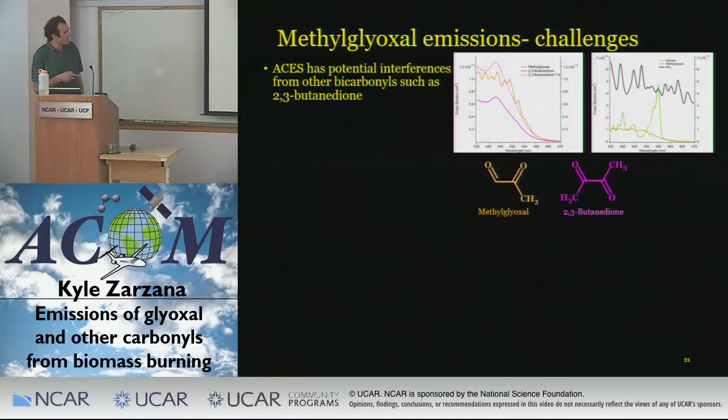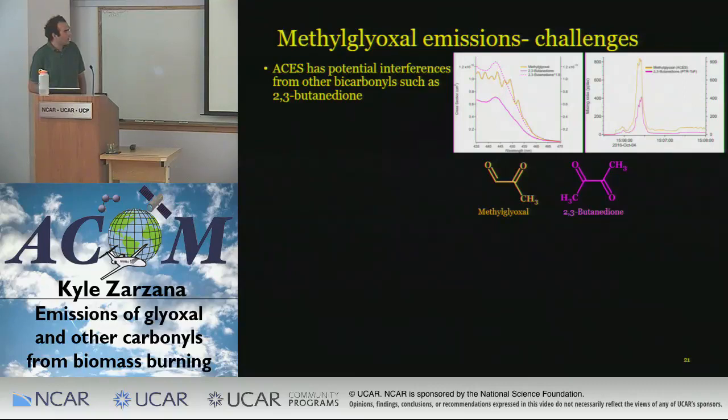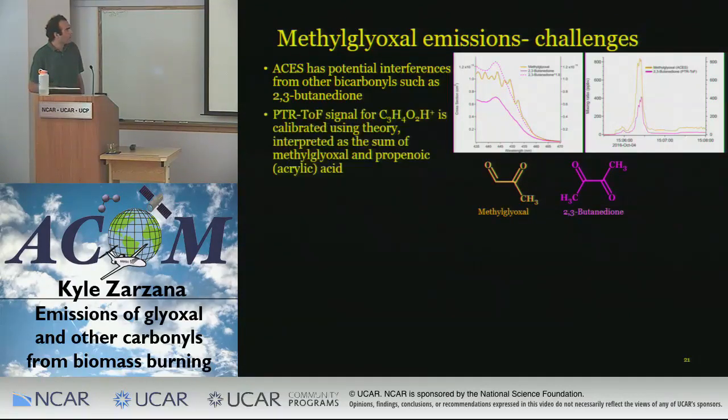So zooming in on those cross-sections, in orange is the methylglyoxal, and in pink is the 2,3-butanedione cross-section. And if you increase it just by about a factor of 2, it looks very similar to the methylglyoxal cross-section. 2,3-butanedione was measured by the PTR-TOF, and the concentrations were within a factor of 2 or so of the methylglyoxal concentrations that we measured with our instrument.